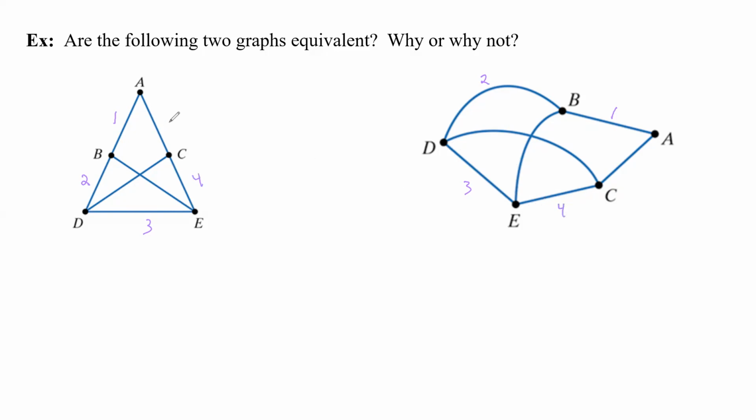And we have C connected to A, so that's 5. We also have B connected to E, so let's call that 6. And then we also have C and D connected, so let's call that 7. So we have 5 vertices, and they're all connected in the same way. So yes, they are equivalent.